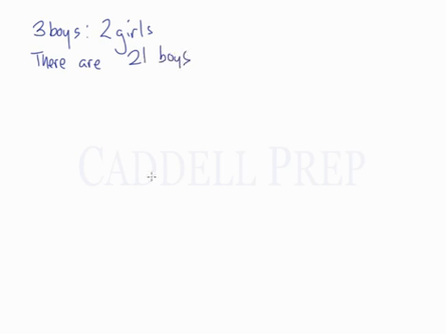So, in a class, the ratio is 3 boys to 2 girls. And we'll say there are 21 boys. How many girls?